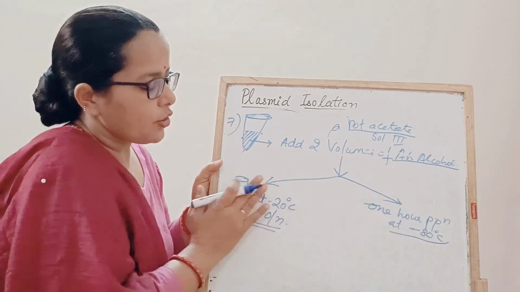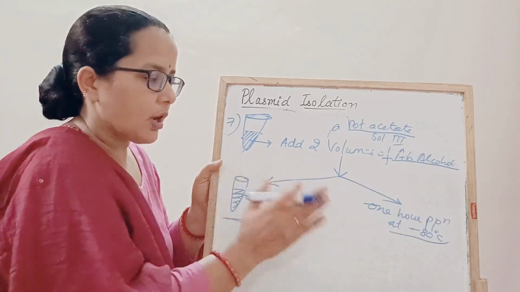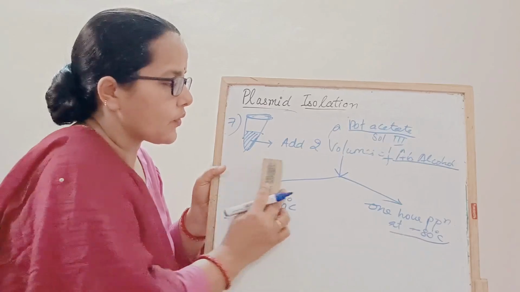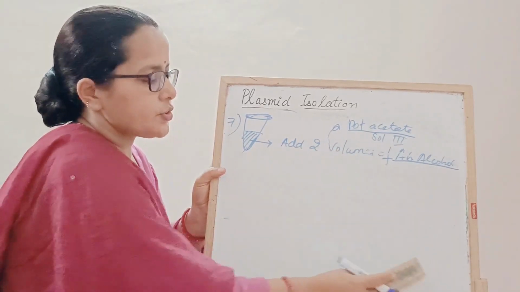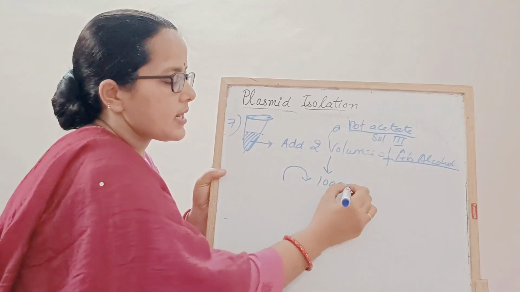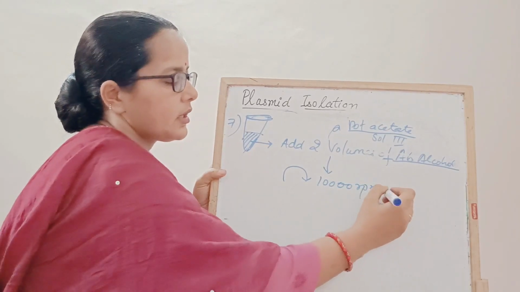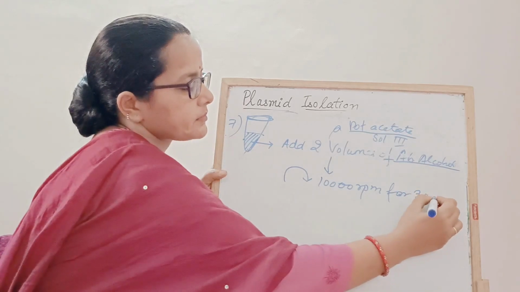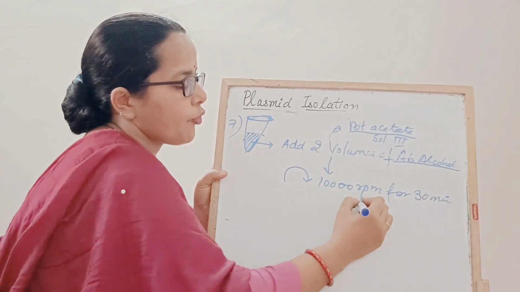Now, your incubation time, either 1 hour at -80 or overnight at -20, is over. Then, what do you have to do? You have to centrifuge at 10,000 RPM for 30 minutes at 4 degrees.